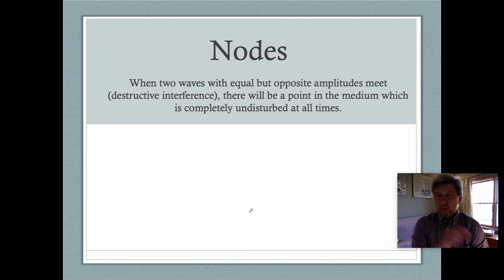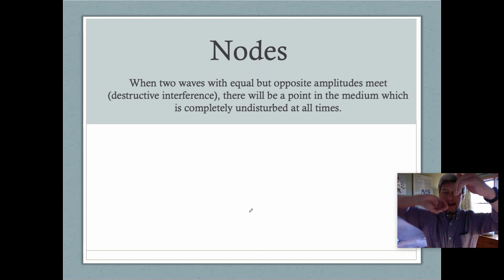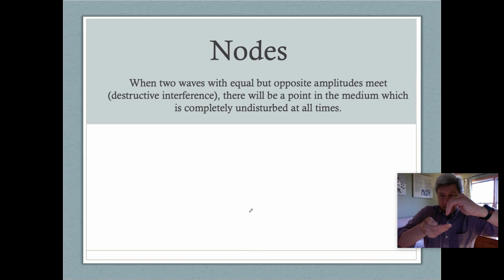But there is one point in the medium that remains completely undisturbed at all times. It doesn't move at all. As the two waves, the top wave and the bottom wave, come together, they literally cancel each other out, and there's one point on the spring that stays completely stationary.